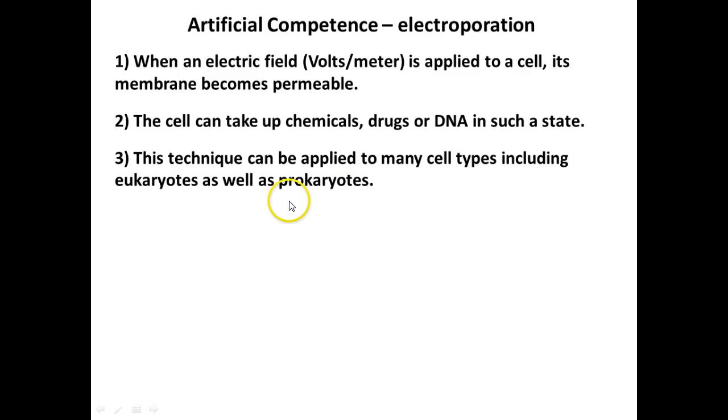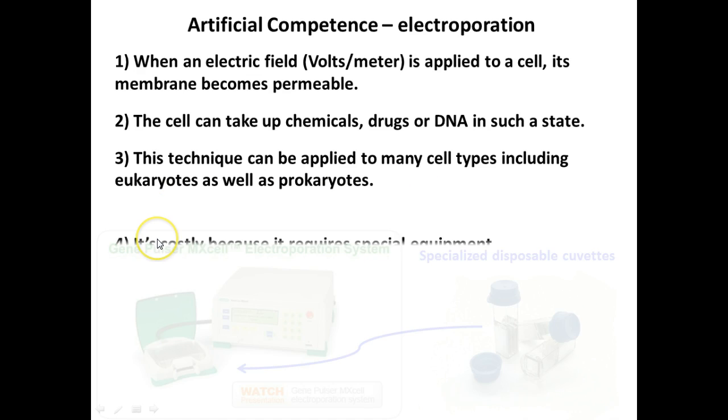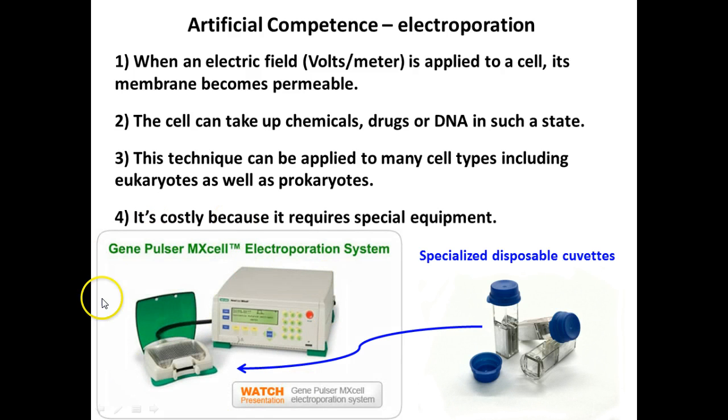This can be used for prokaryotes as well as eukaryotes. Of course, we don't utilize this in the lab because you need specialized equipment, with specialized cuvettes to put the organisms in and apply the electrical current.